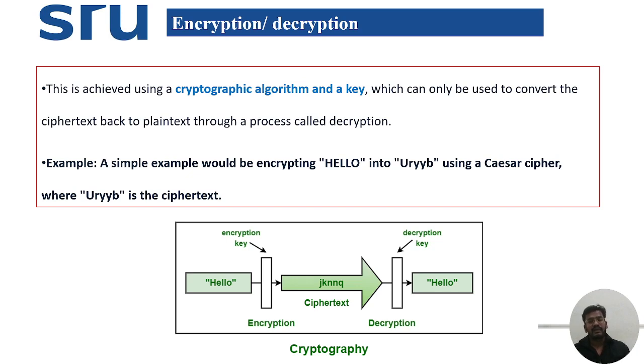For example, hello is written in cybertext format, then the cybertext is converted back into the decrypted format using a specific key. This schematic diagram helps us simply understand how the file is encrypted and decrypted.